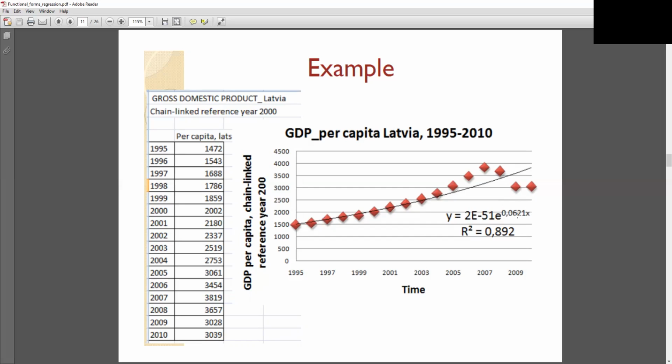So 0.0621 into 100 means 6.21, so 6.21% is your growth rate. So if x changes by 1 unit, y changes by 0.0621 into 100, that is 6.21%. So this is what your log-lin model is.